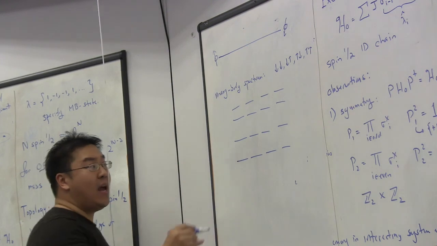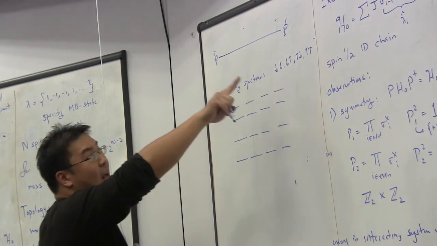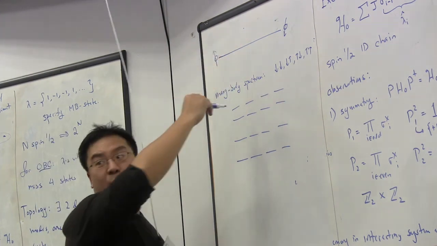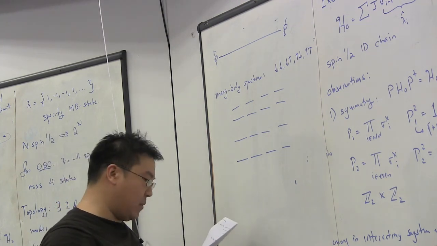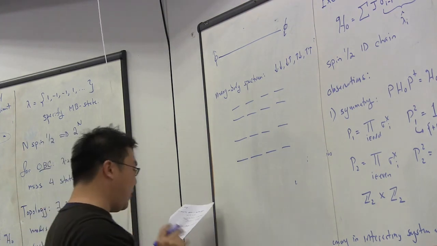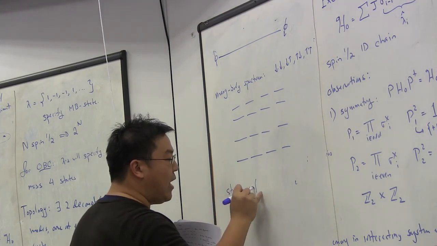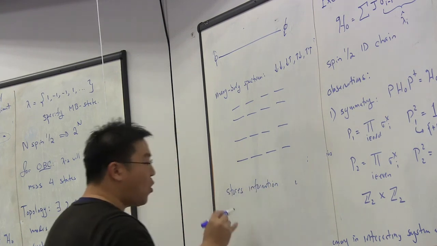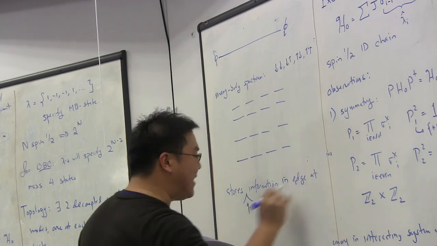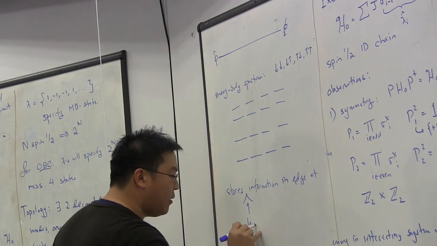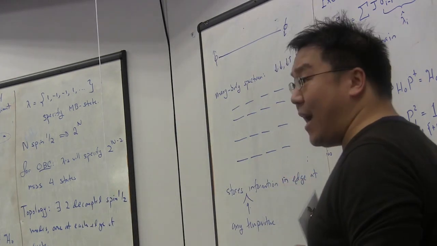Every single eigenstate comes with 4-fold degeneracy, and the 4-fold degeneracy comes from the fact that in addition to the state that lives in the bulk, I can choose any pair of states that I want for the edge modes. In principle, this means that I can store quantum information in the edge at any temperature. At least for this model, I can store information in the edge at any temperature.